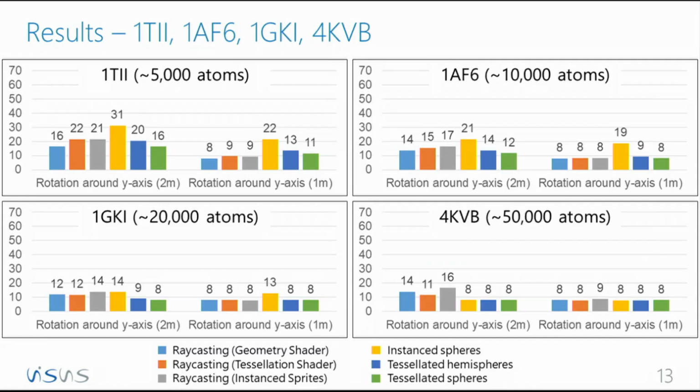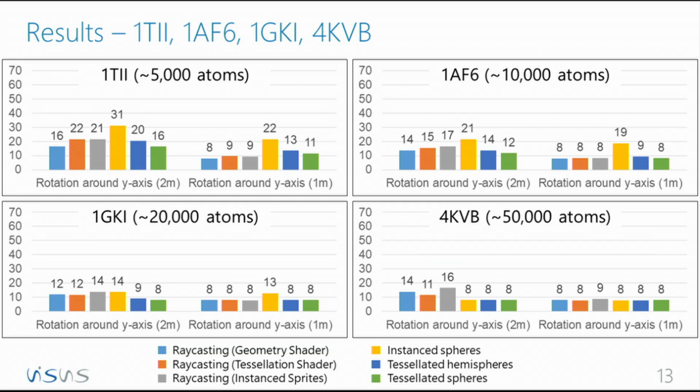I'll quickly show the numbers for the other data sets. As you can see here, for the medium-sized data set, the instanced sphere rendering is still almost good enough. But for the larger data sets, the rendering is just too slow. There's just one more interesting thing to notice.